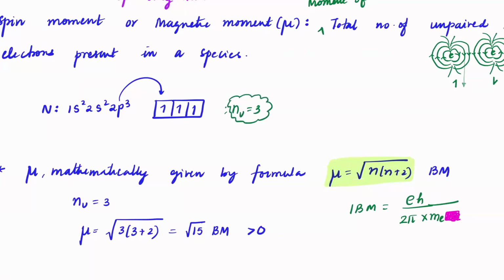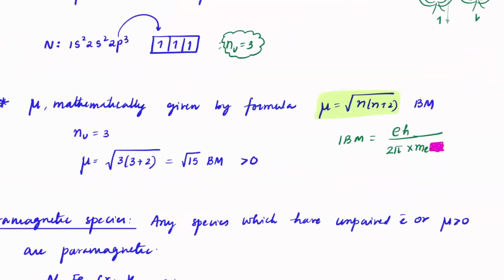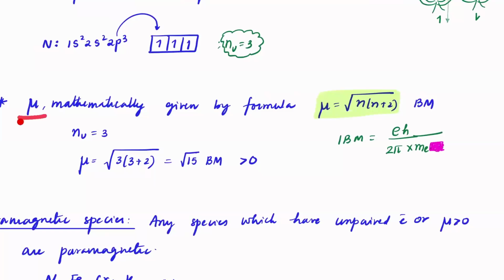Since it is 3 unpaired electrons, how do we calculate mu? Mu is about spin moment or magnetic moment. So this is the formula that you will apply: root of n into n plus 2 Bohr magnetons. Please remember this formula. This is a formula we'll be using quite often, for the spin magnetic moment.